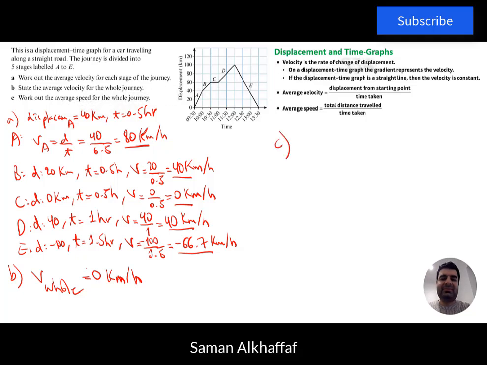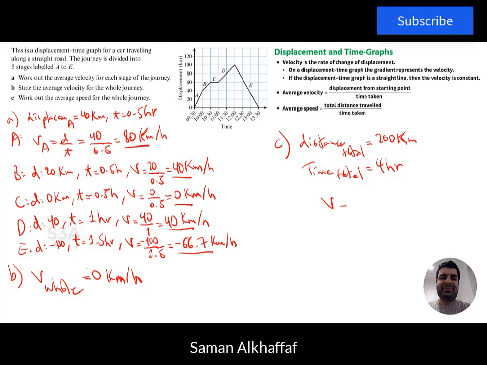For part C, we need to work out the average speed for the whole journey. In this scenario, we add the total distance, which will be approximately 200 kilometers, and the total time, which will be approximately 4 hours.